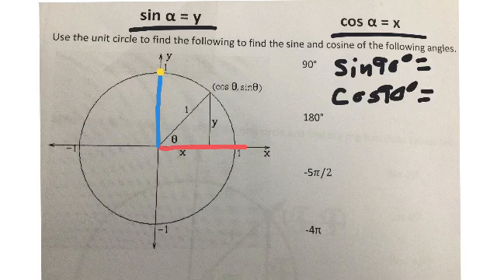On the x-axis, I went nowhere. On the y-axis, I went up to 1. So I know that this point is 0, 1. Therefore, sine is just the y value. So sine of this angle is 1. Cosine of this angle is just the x value. So cosine of 90 is 0. Any questions about that?